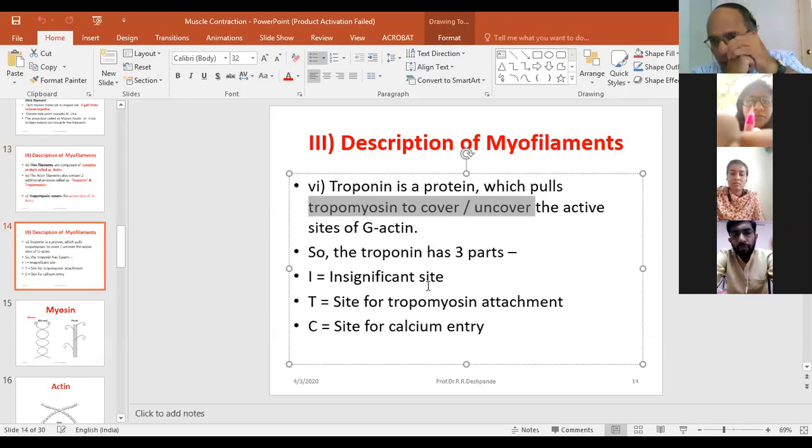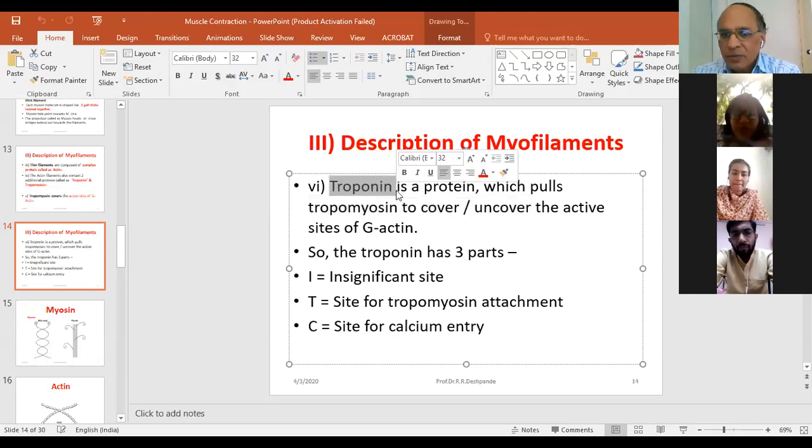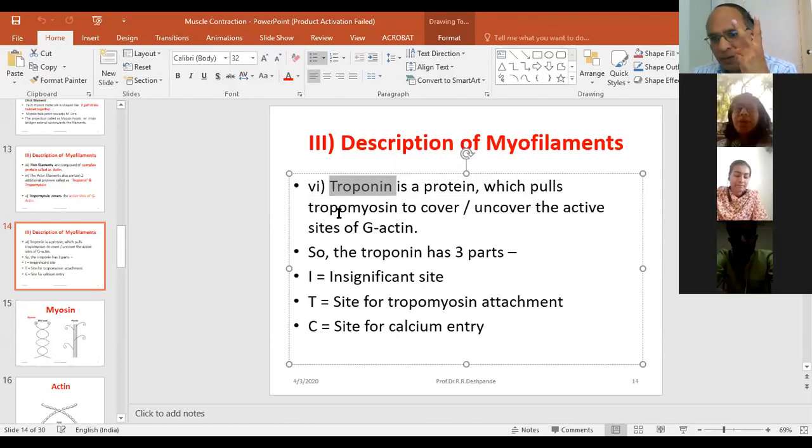Now, troponin helps to cover, uncover, cover, uncover. Can you see here? So troponin is helping tropomyosin to cover and uncover actin. Basically only two. Don't write 4 or 5 proteins in the exam. Only 2 filaments.